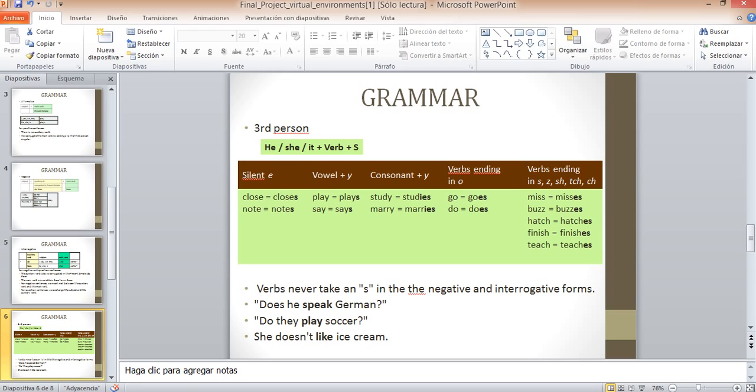We can see here the grammar for the third person, and this is the order for the third person in a statement. The pronoun he, she, or it, and then the verb, and then the addition of the s.